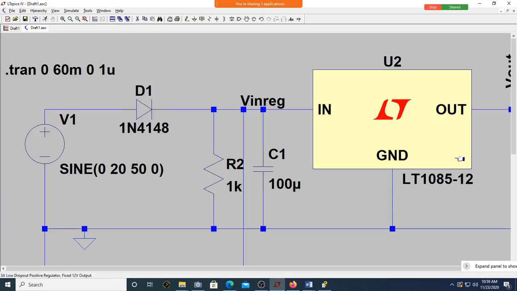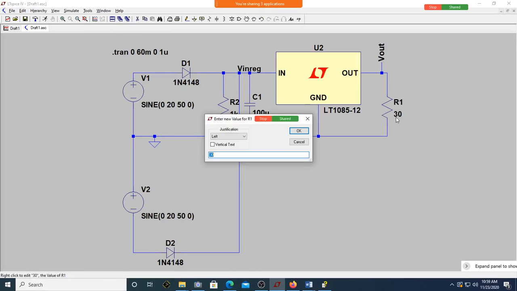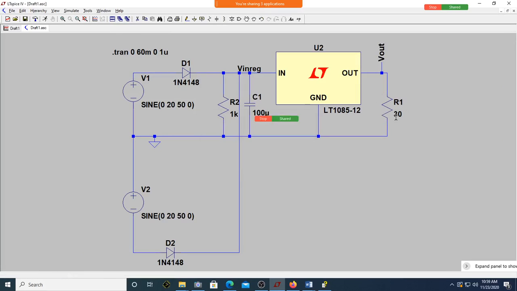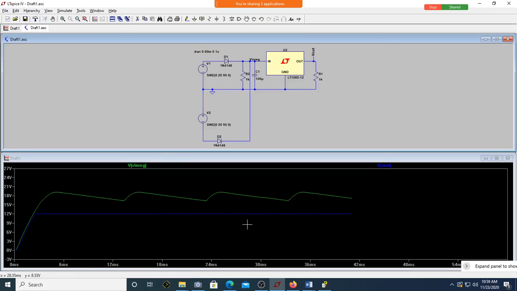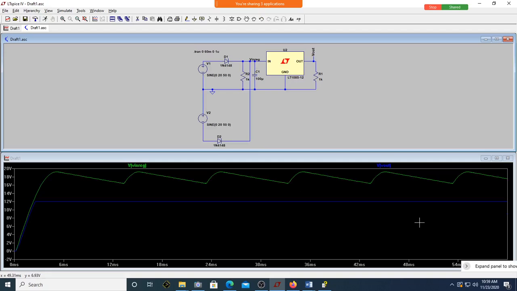Because the resistance is less here, it is being loaded. What I'll do is I'll go to the regulator and then increase the resistance. I will make it 1K. I will run it now. Can you see now it's constant? Yes, sir. That's it.